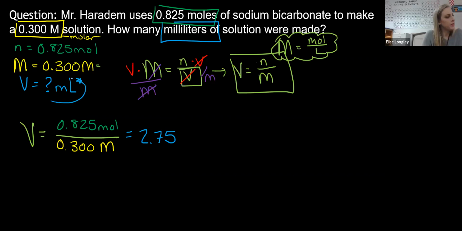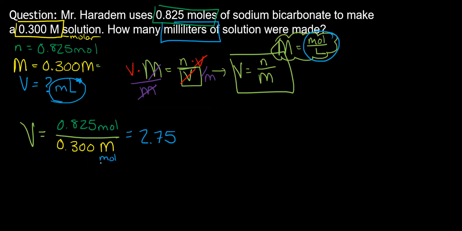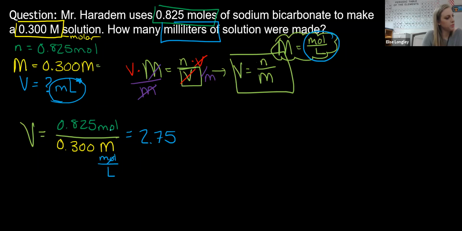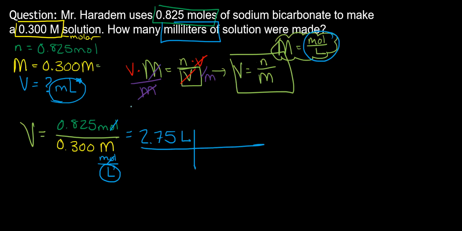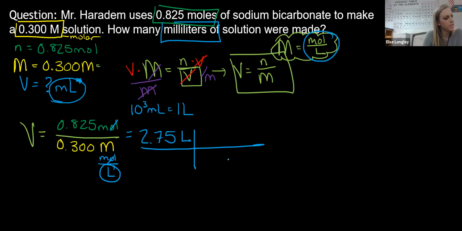So it's not milliliters yet, because what is molarity? That capital M means moles per what? Moles per liter. So we canceled out the moles. We're left with the liters, right? Is that what we were asking for? No. So we've got to use that same conversion: 10 to the 3 milliliters is equal to 1 liter.